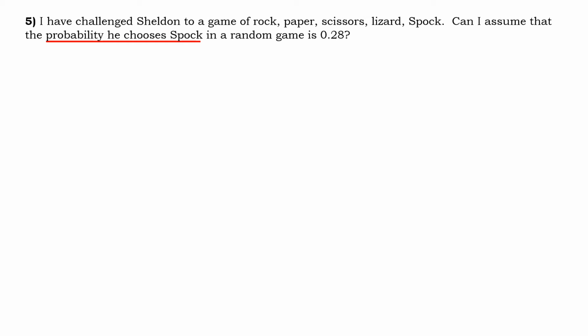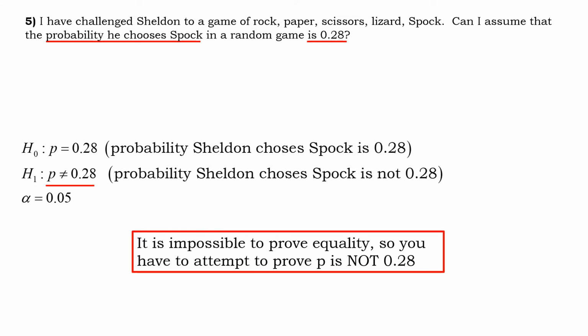Probability is always probability that something specific happens. So in this case, the probability he chooses Spock. And I want to know if that probability is 0.28. So the probability he chooses Spock is 0.28 if the proportion of times he chooses Spock is 0.28. So this is a proportion question.